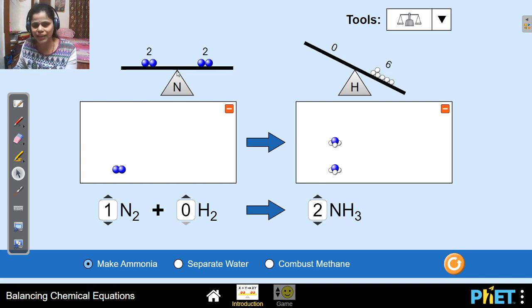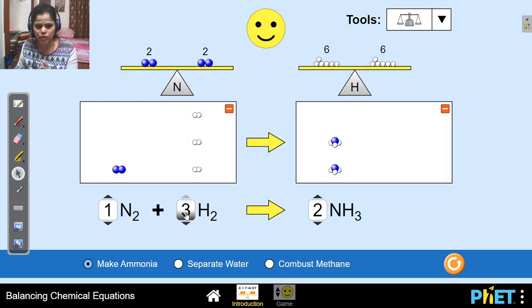You can see here the nitrogen is balanced now. Okay, now we have to balance the hydrogen. So you can see here the number of atoms of hydrogen, 2 into 3 is 6, and here we have to multiply with 3, so 3 twos are 6. So hydrogen is balanced also.